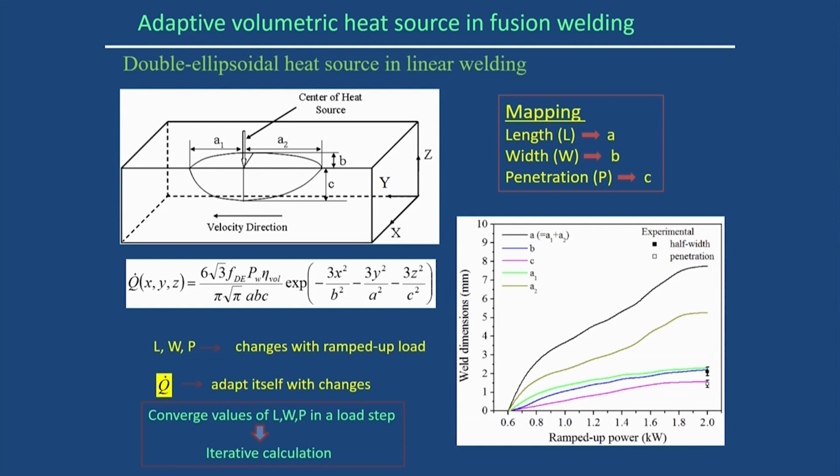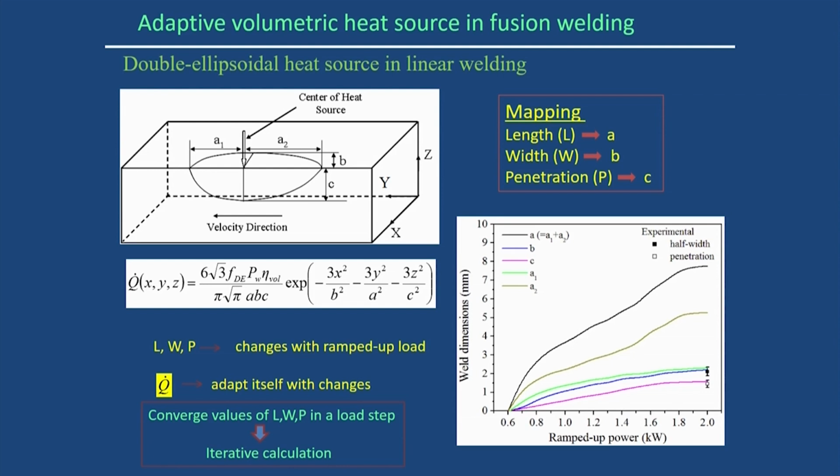Here we can see that the distribution equation of the heat source is over the space, there is no time function here, and we see the double ellipsoidal geometric parameters, that means length, width and penetration A, B, C, we are simply mapping on to the geometric size of the volumetric heat source.